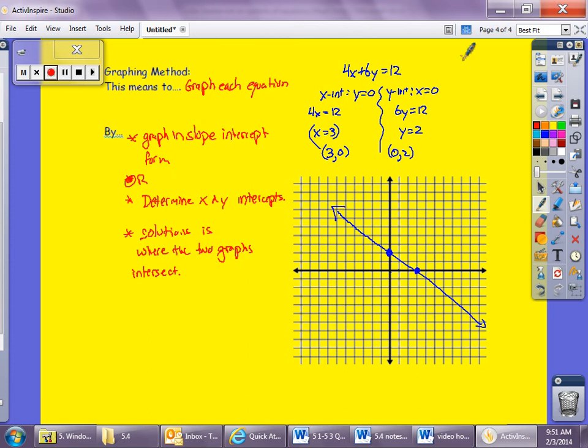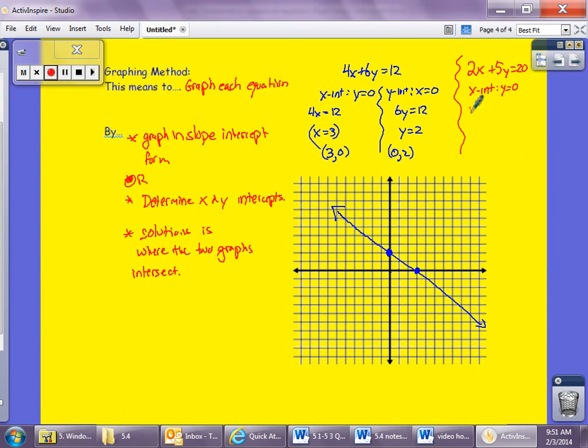And then the second equation is 2x plus 5y equals 20. For the x-intercept, y equals 0, so 2x equals 20, x equals 10, so that's the point 10 comma 0.